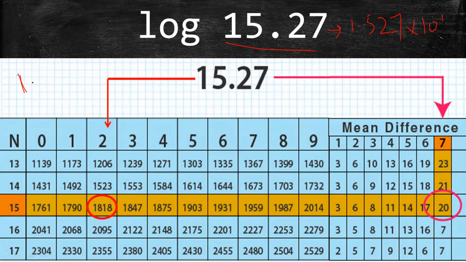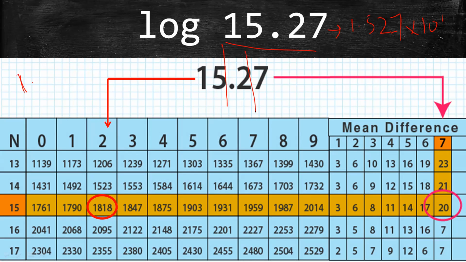Then you have to read the mantissa from the log table. Whether it is 15.27 or 1.527 or 152.7, always pair the numbers as 2 digits, 1 digit, and further 1 digit. So here I'm pairing it as 15, 2, 7. In the first column you will see a 2-digit number, starting with 10, 11, 12, and going till 99.